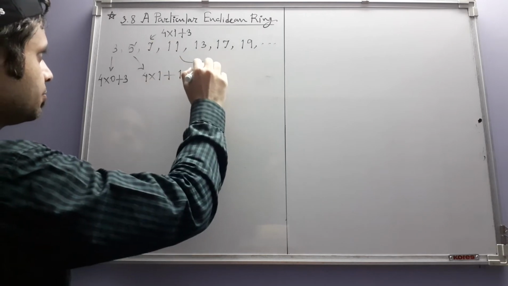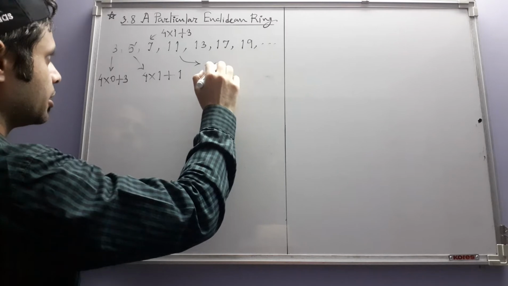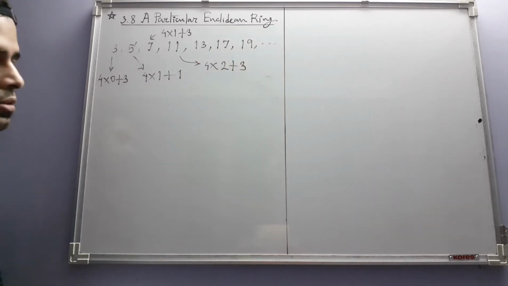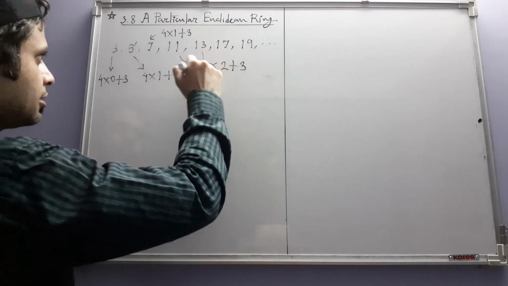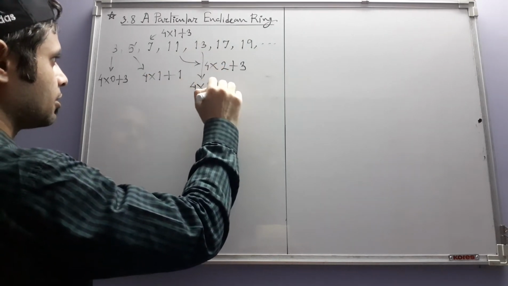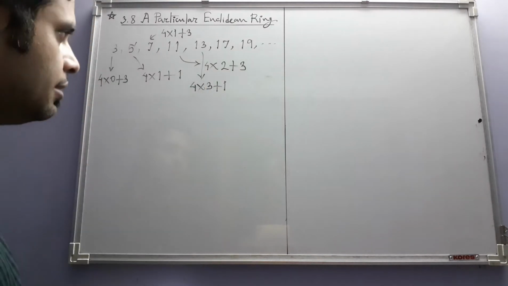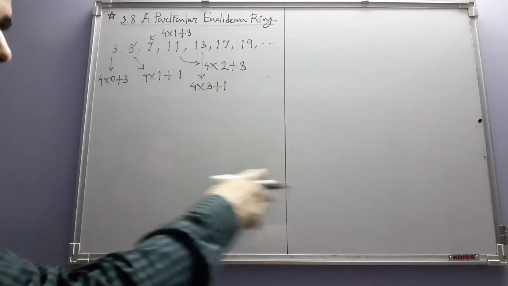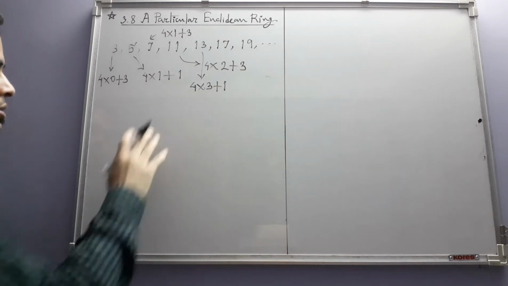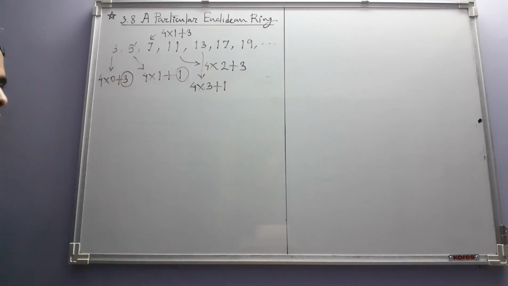This one, if you divide by 4, then it leaves remainder 3 again. What about 13? It leaves remainder 1. So you can see that no matter how many odd primes you see like this, you will always have either remainder 3 or 1.